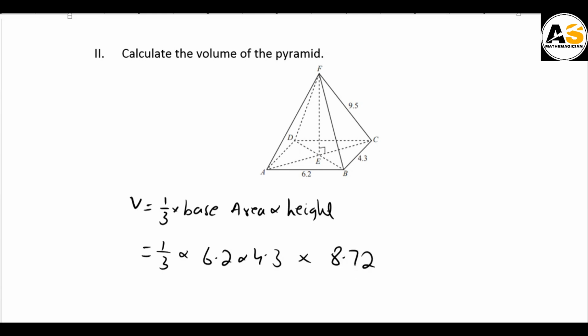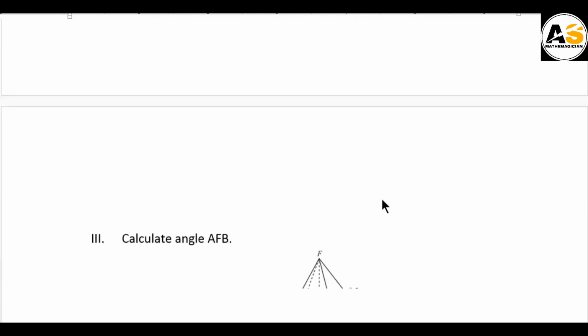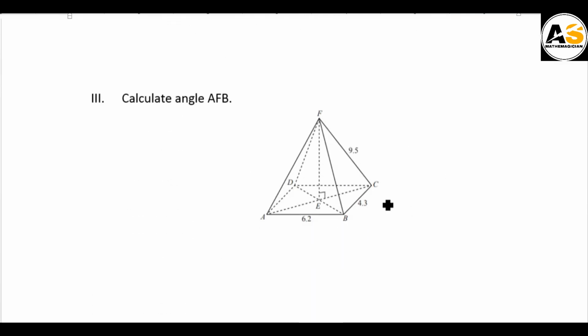When you use your calculator, you will get 77.4917 centimeter cube, approximately equal to 77.5 centimeter cube.